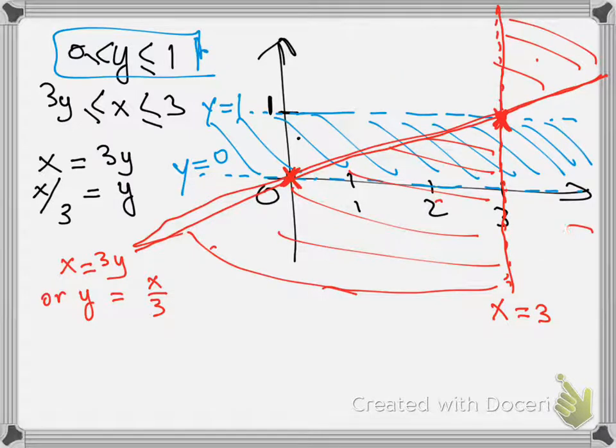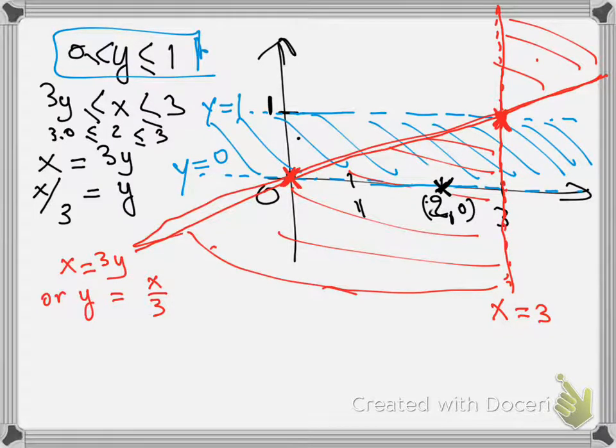Well, you can just pick a random point. For example, you can pick this point here. Let's say 1, 2. This is the point x equal to 2 and y equal to 0, so the point (2, 0). The question is, does it satisfy these inequalities? My x is 2, my y is 0. Is it true that 3 times 0 is less than 2, less than 3?